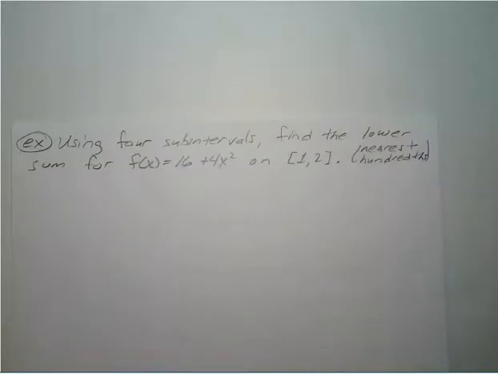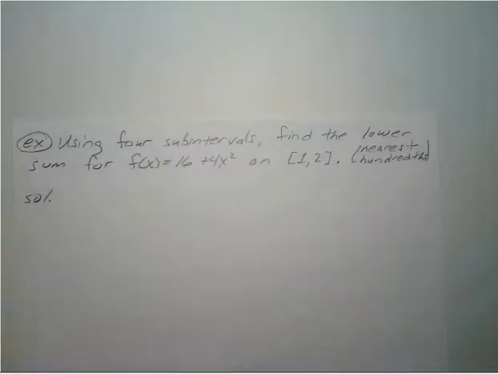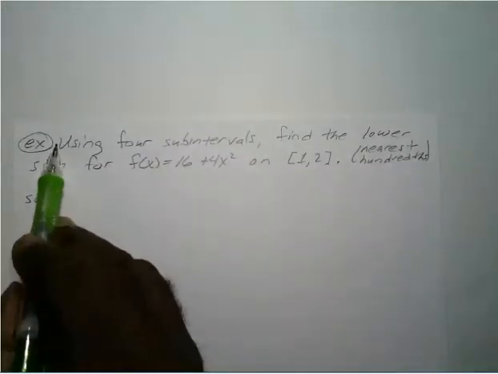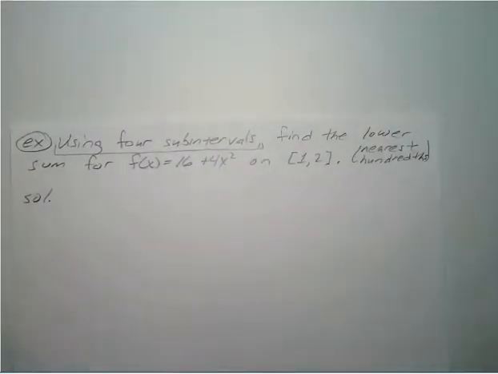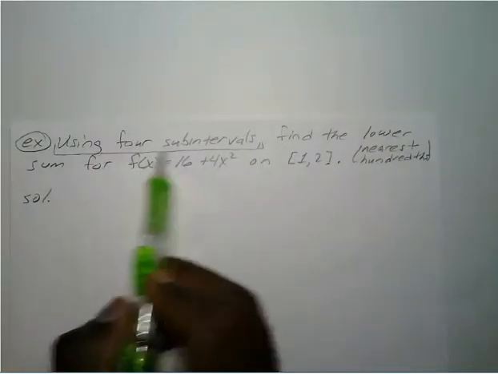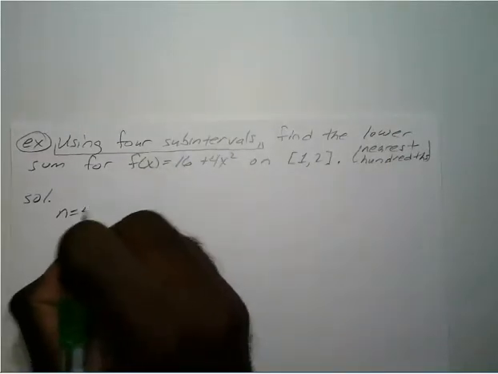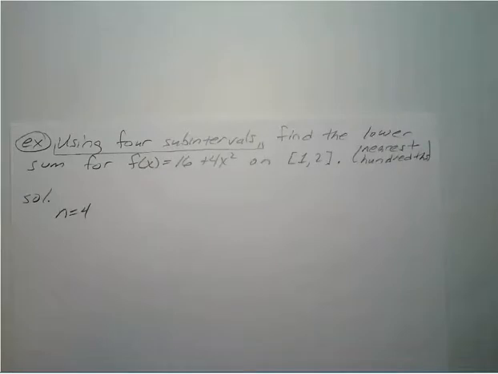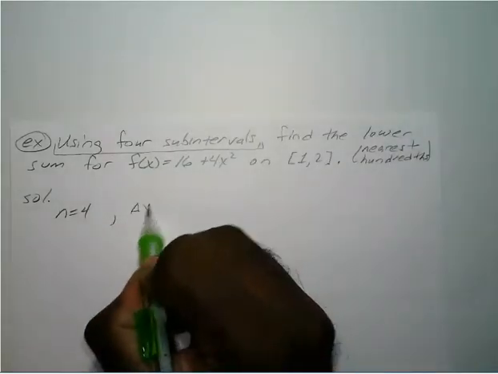All right, so once again, where do we start? Well, we start by looking at how many subintervals we're going to have. So let me see if I can clear this up a little bit. Yeah, a little bit better. Okay, so since we're going to have 4 subintervals, we're going to make n equal 4. And we need to know our delta x.